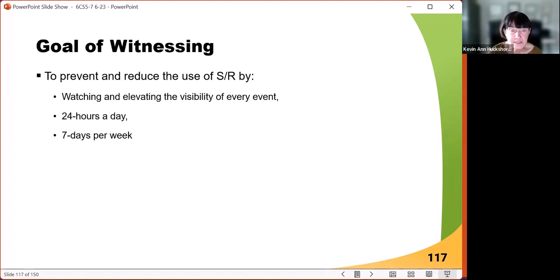The goal of witnessing, or viewing seclusion and restraint differently, is to prevent the use of seclusion and restraint by watching and elevating the visibility of every single event, 24 hours a day, 7 days per week.